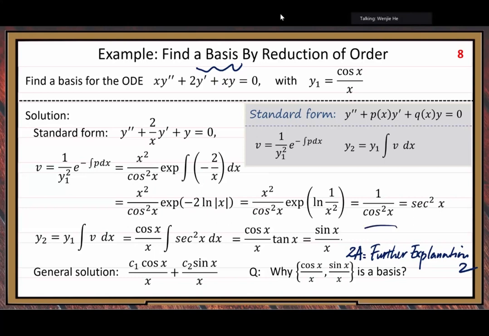I will try to find that slide. So that's this topic: calculating the Wronskian determinant.